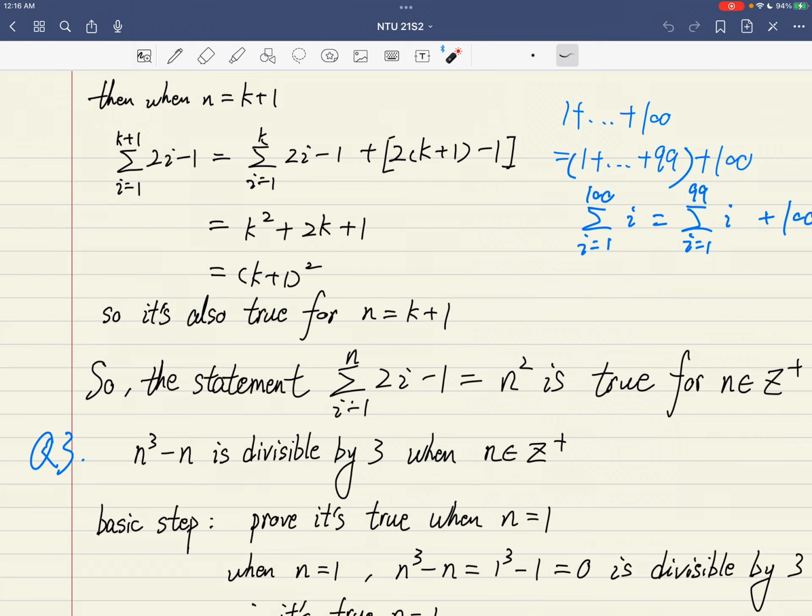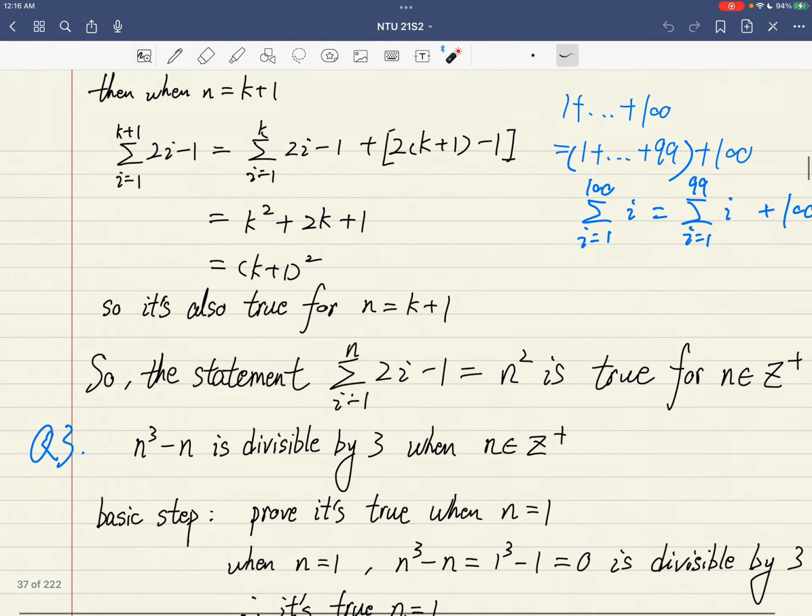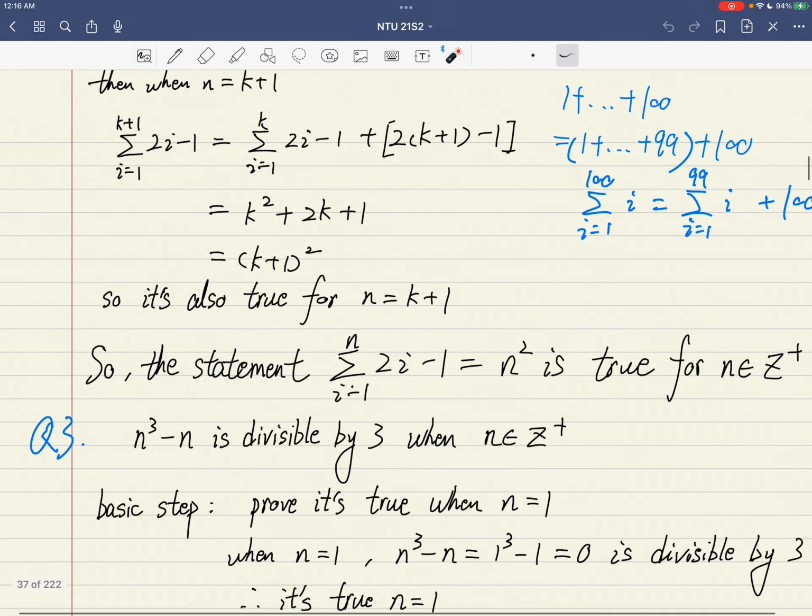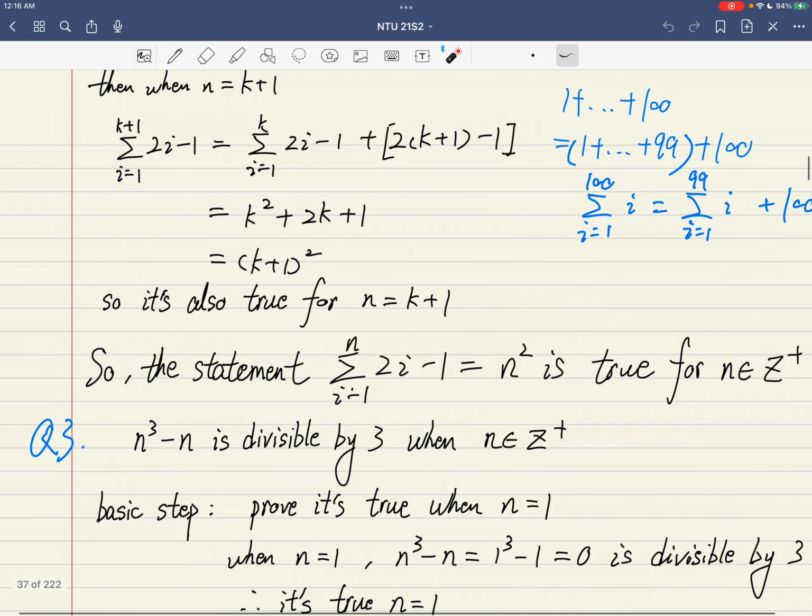The first part is for i from 1 to k of 2i minus 1. The second part is when i is k plus 1. So when i is k plus 1, you just substitute k plus 1 for i.